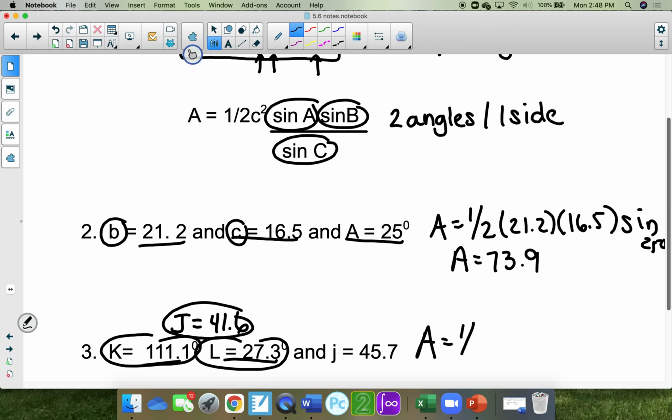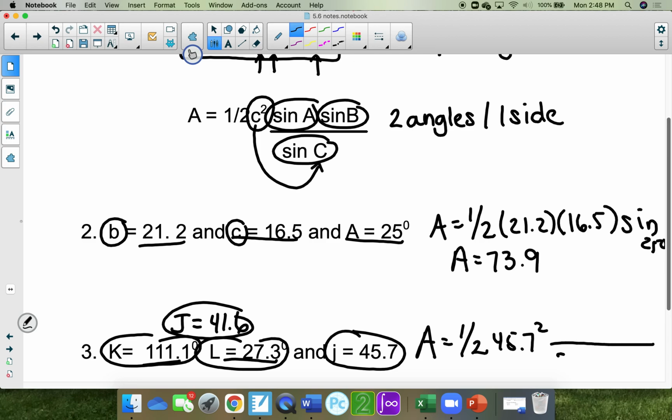Area is equal to 1/2. The side they gave you is J, so the side is 45.7 squared. If this is the side, then that angle needs to be in the denominator. The sine of 41.6 goes down here, and the sines of the other ones go up here. I'm running out of room, but the sine of 27.3 goes there.